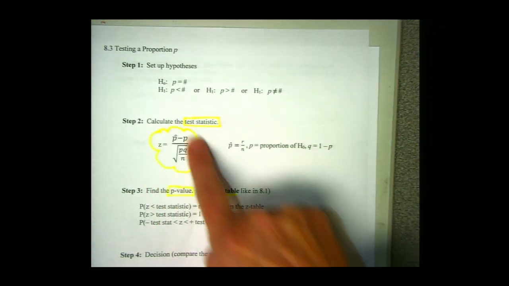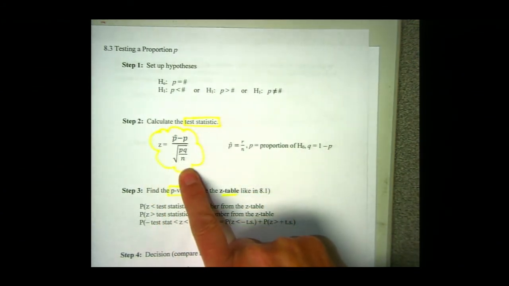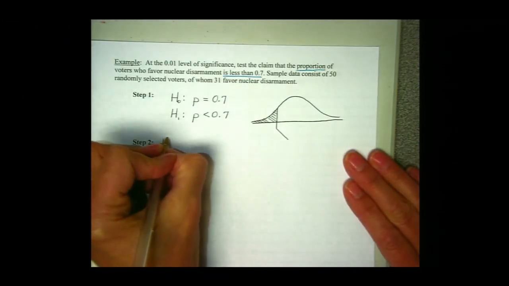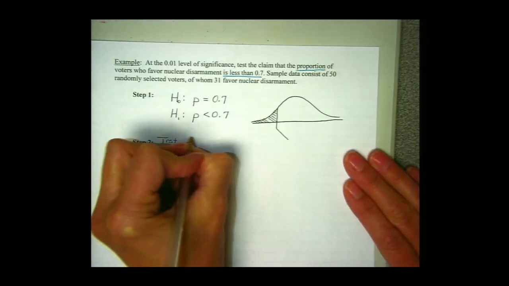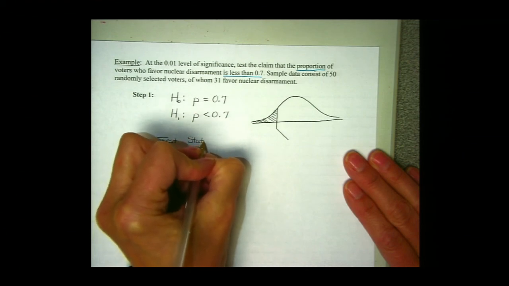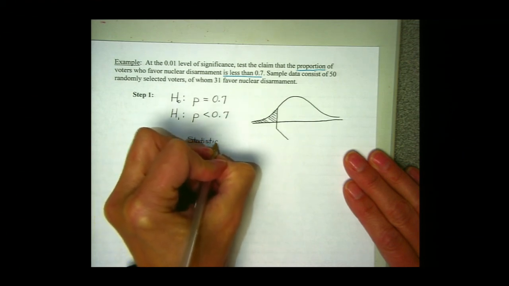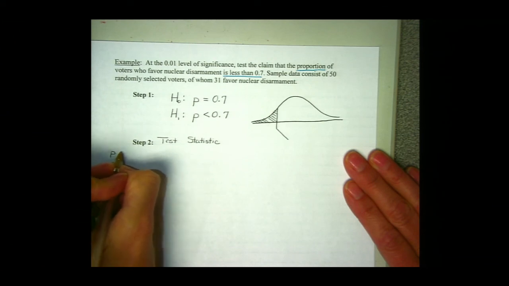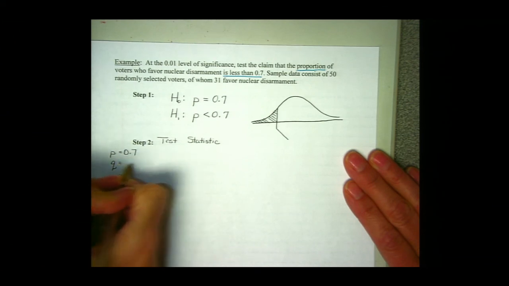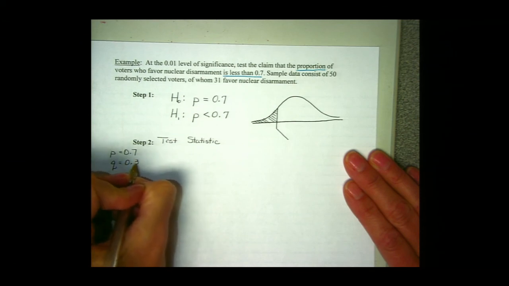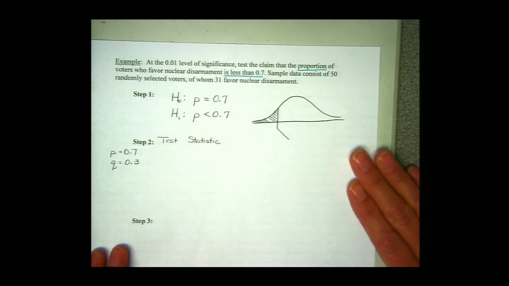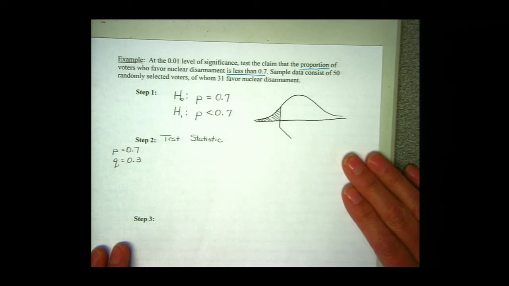We're going to be using this formula, which means we need to calculate a few more items. All right, so this is my test statistic. We know that p is 0.7, so we can find q, because those are complements, so that must be 0.3. We are also going to need p hat.